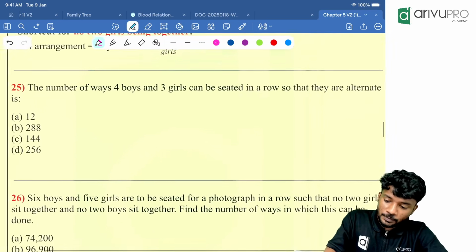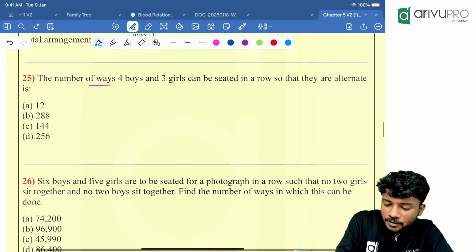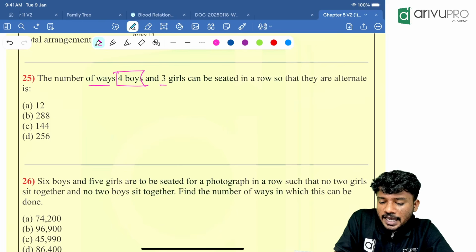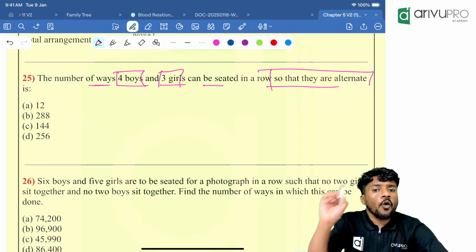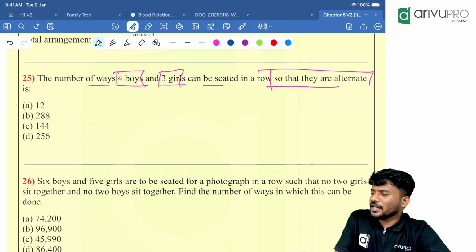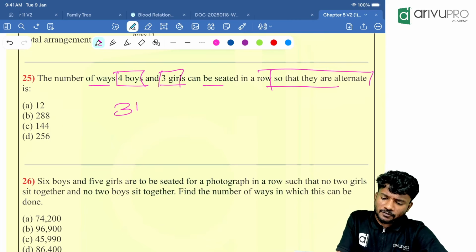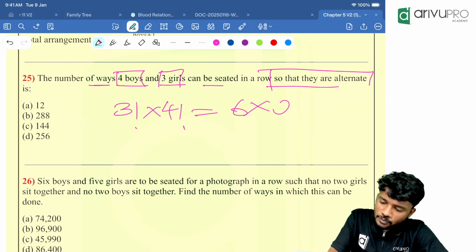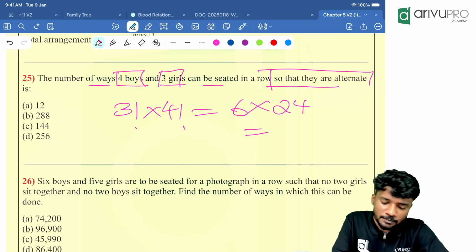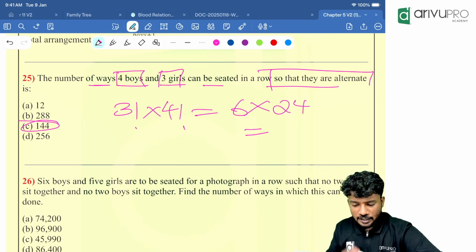One question for you people, have a look at this. The number of ways 4 boys and 3 girls can be seated in a row so that they are alternate. Very easy. When they are alternate, it will be 3 factorial into 4 factorial. How much is it? 6 into 24. How much is the answer, people? 144.